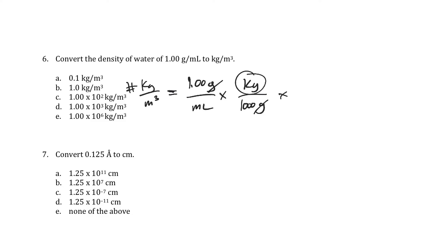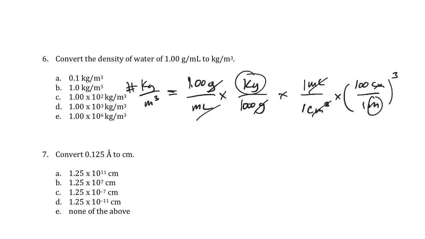Then I'm going to use the conversion factors that we should have memorized. A milliliter is a cubic centimeter. 100 centimeters are in 1 meter, and then I need to cube that entire factor. So cubic centimeters cancel, milliliter cancels, and then I have kilograms per cubic meter.